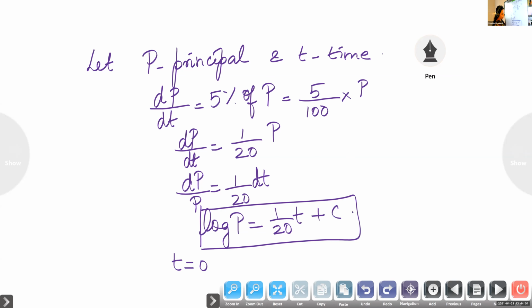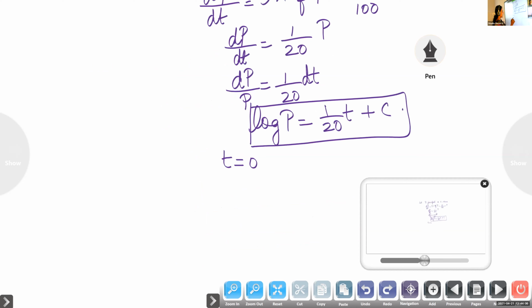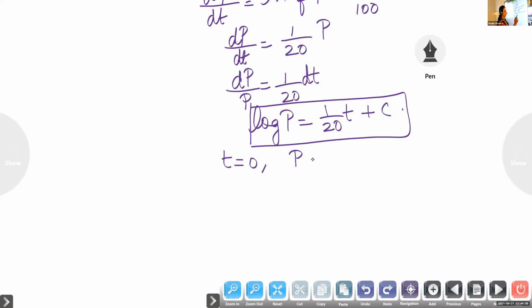So when time is 0, P is 1,000. What we have to find is the time at which the amount will be doubled. Doubled means it will become 2,000.